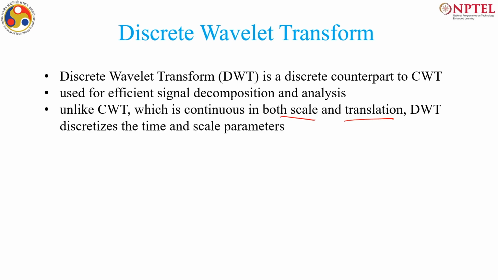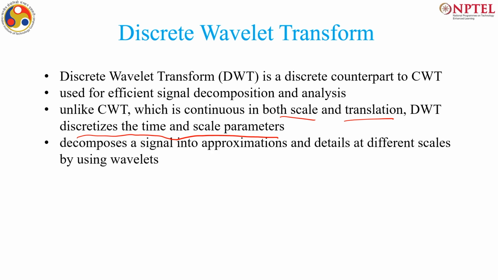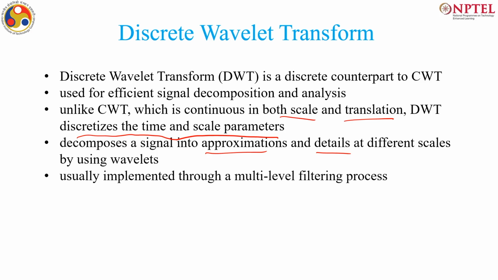So DWT will discretize the time and scale parameters, that is you will have fixed values for A and B, and similarly it will decompose your signal into approximation and detailed coefficients at different scales using the choice of the wavelet, and this is implemented through a multi-level filtering process.